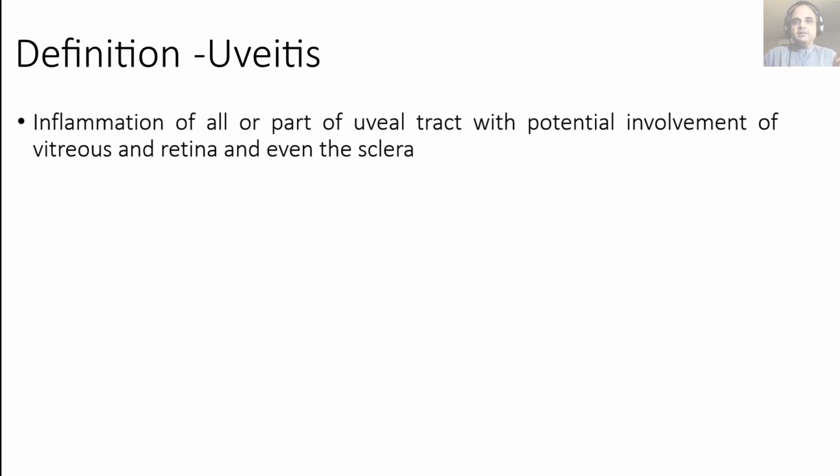So if you have inflammation in the uveal tract, that inflammation can spread towards the sclera, or more commonly towards the retina. And because the retina is in very close association with the vitreous, and the vitreous also touches the ciliary body, as we saw in the animation previously, the anterior face of the vitreous is right next to the flat part of the ciliary body, the pars plana part. So if you have inflammation in the ciliary body, it will get into the vitreous.